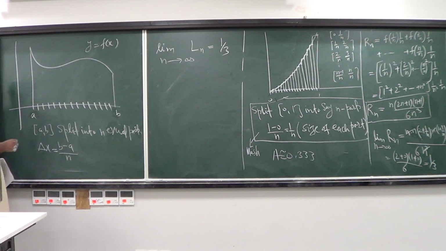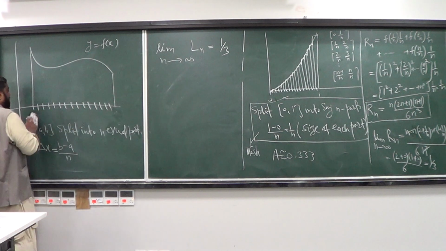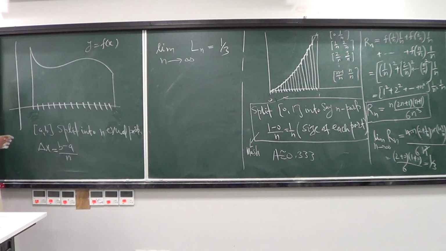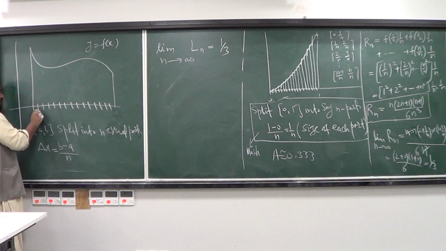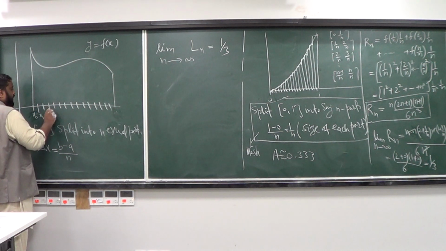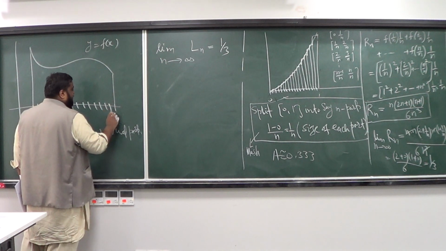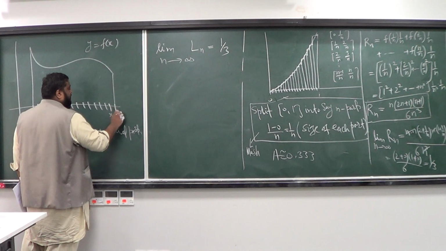And now let's give these subintervals some abstract names actually. So let's call this first point x0. Let's call this x1. Let's call this x2, x3, so on and so forth. So this is xn minus 1, and the final is going to be xn.